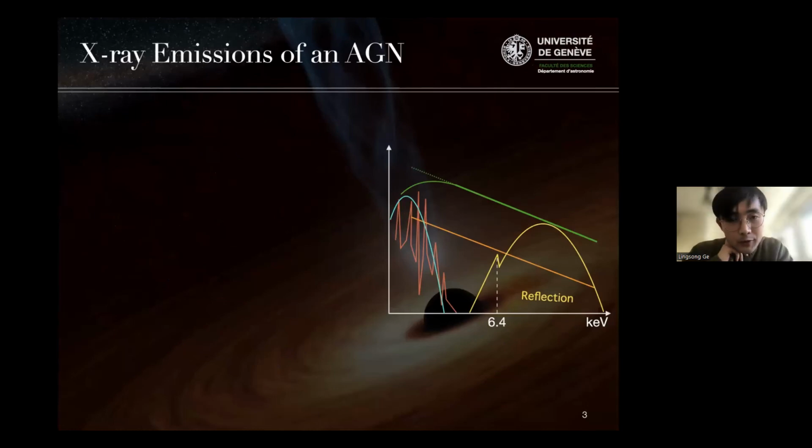So the only free parameter for the reflection component is the relative reflection, and we fix the inclination angle and link the normalization to the primary power law.